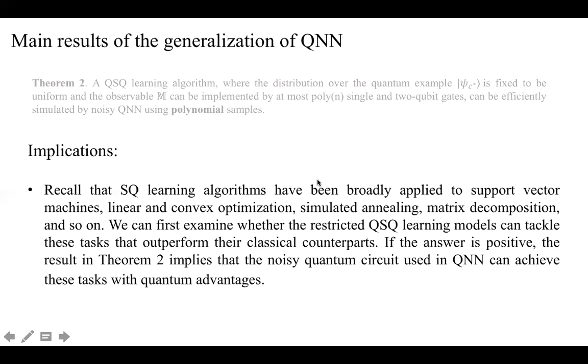If the answer is positive, the result in Theorem 2 implies that the noisy quantum circuit used in QNN can achieve these tasks with quantum advantages. For example, since the QSQ learning model can tackle parities, juntas, and DNFs with sample complexity advantages, this implies that we can also use variational quantum circuits employed in QNN to tackle these tasks with quantum advantages.